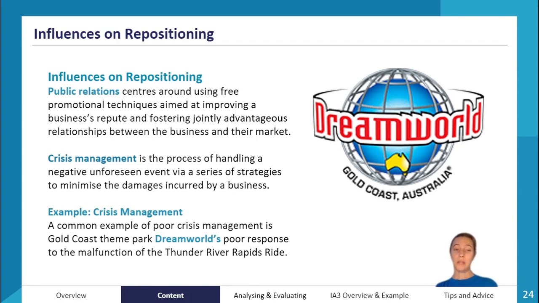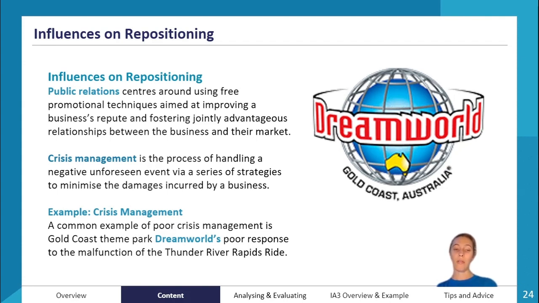Crisis management is the process of handling a negative event that wasn't predicted, it wasn't expected in any way, and it's a series of strategies to minimize the damage that the business suffers as a result. So a very good example of that is Dreamworld.